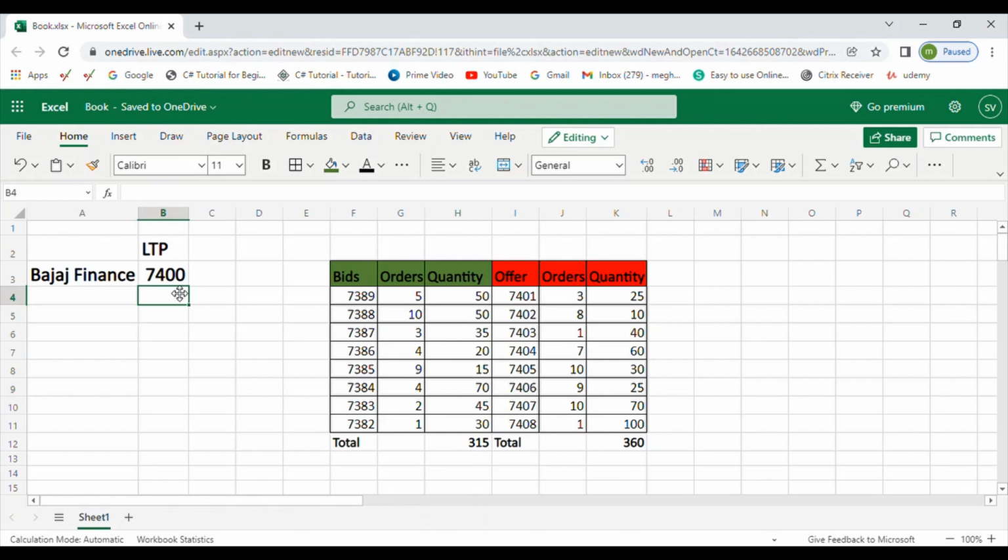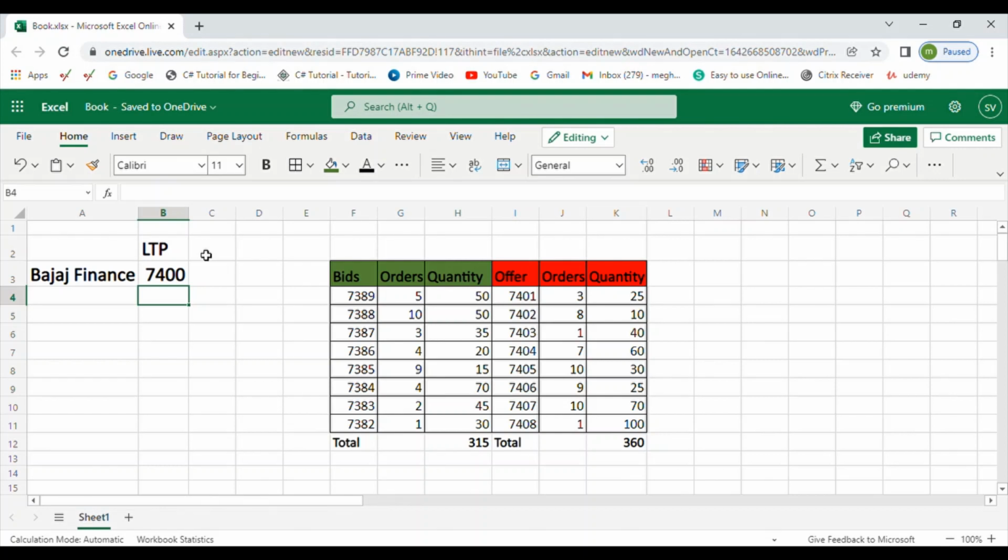Now let me help you understand what last traded price means. Because most of you might have heard this term many times, but understanding this term is actually very important, because the term itself says last traded price, which means the last time when the Bajaj Finance share got exchanged between the buyer and the seller at one particular price.